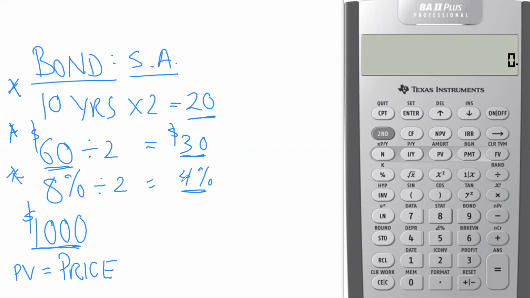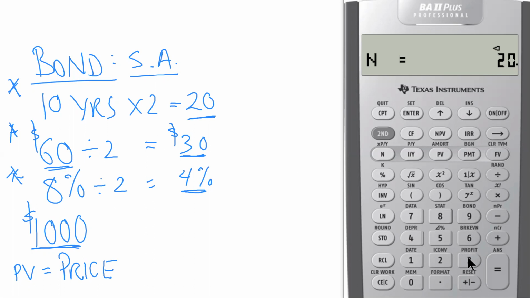So let's enter these values into the calculator. So now it doesn't matter what order I enter these in, so they will all go in. So you do the number first. So let's do 20 periods and then push N, and you'll see that the equal sign has come up. This is now in the calculator.